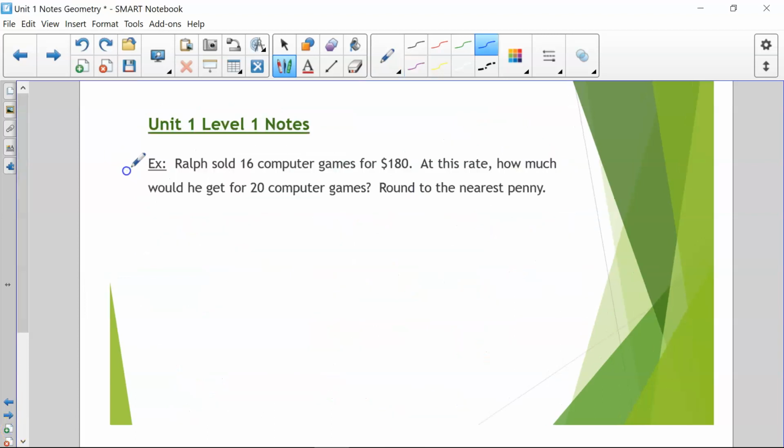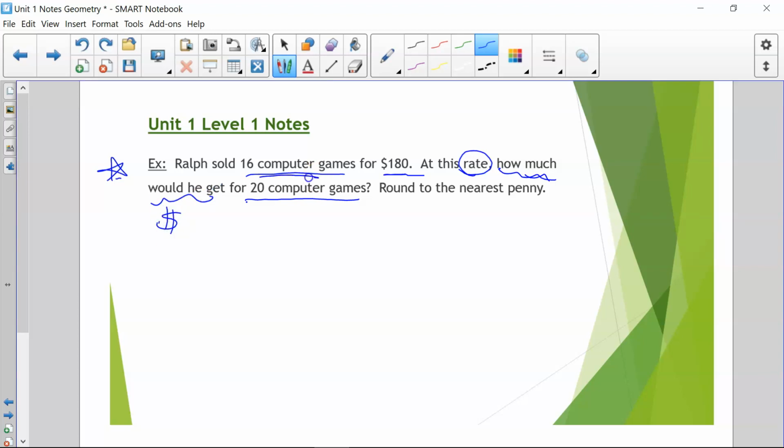Let's look at our first example. Here, Ralph sold 16 computer games for $180. At this rate, and rate is a comparison of two different numbers, which is like a ratio, how much would he get for 20 computer games? So our question is, how much will he get? And how much would be money in this case?